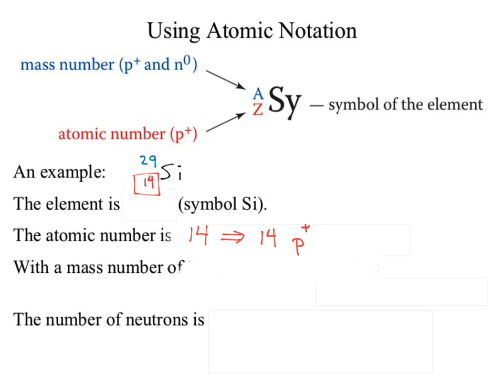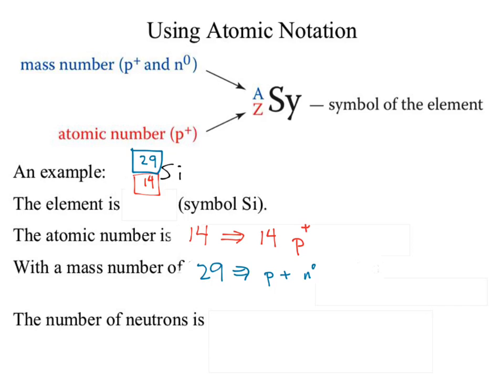All right, what is its mass number? It is 29. It's the number in the upper left-hand corner of our nuclear notation. What does the mass number tell us? This is the protons plus neutrons. So if I want to figure out the number of neutrons, what do I have to do?